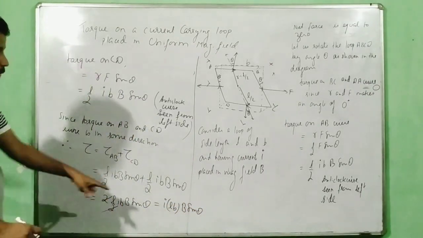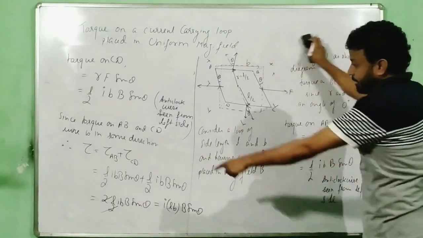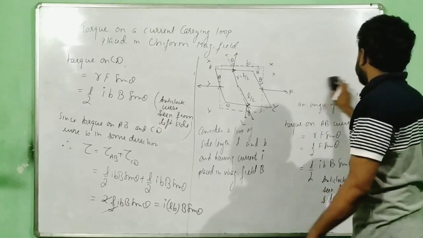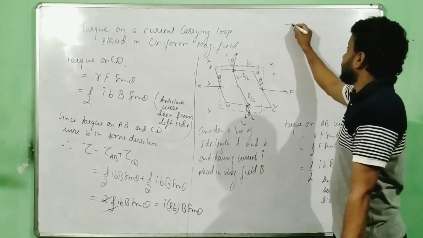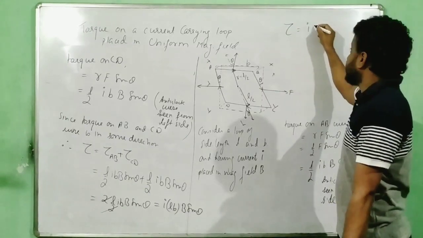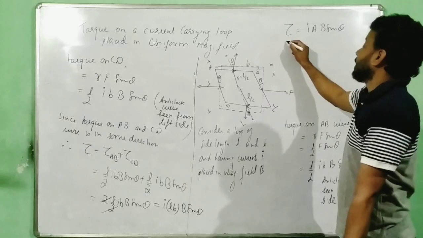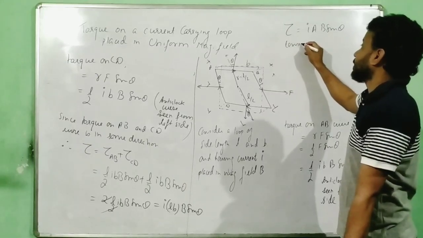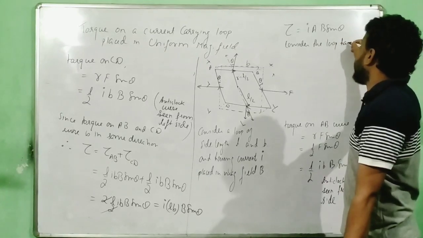Now what is length into breadth? Length into breadth is area. So I will get torque is equal to I into area multiplied by B into sin theta. Consider the loop has n turns.